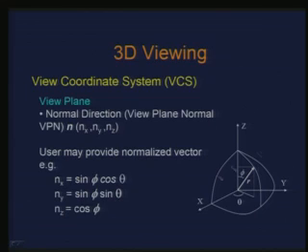If you consider spherical coordinates, a vector r could be defined as the normal vector, where r is defined in terms of theta and phi. So, there is a sphere in the world and you are locating the normal of the viewing plane somewhere on the sphere. That could be one way of defining this normal vector.